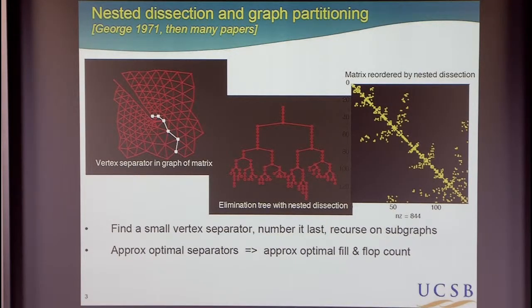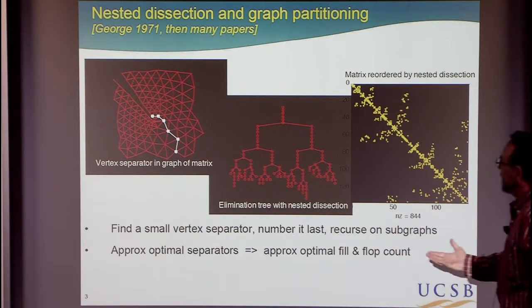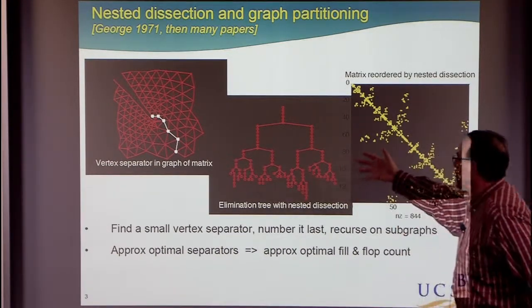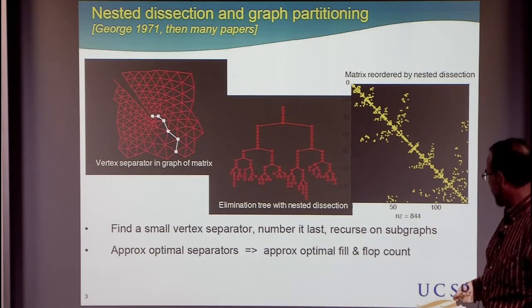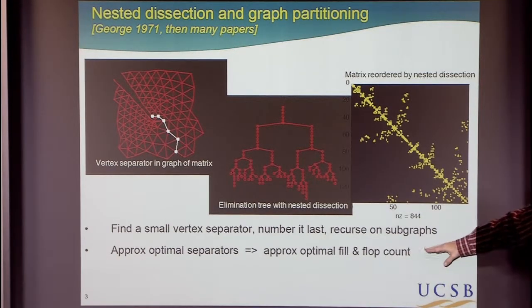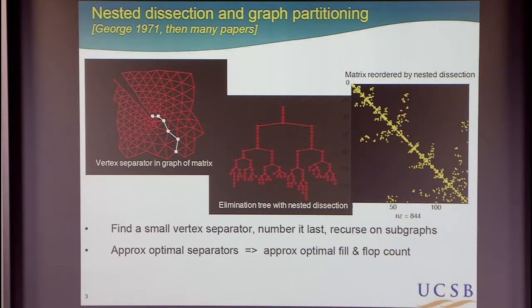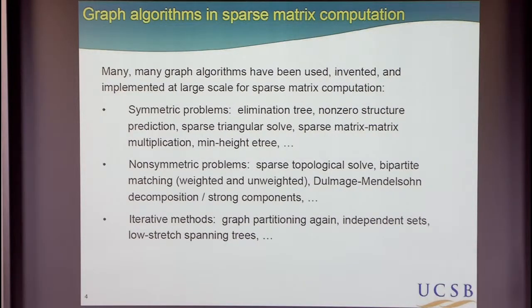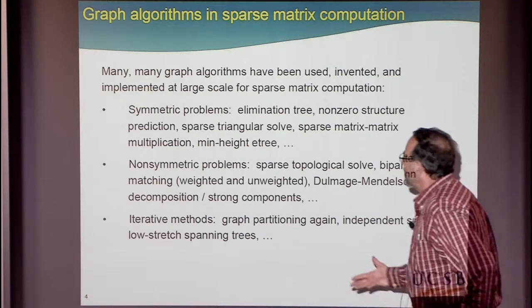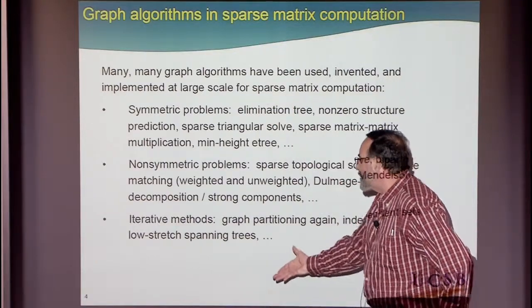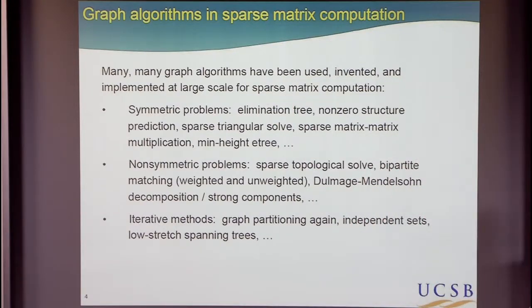That was 1971, and over the years since then, people built better and better separators, better and better nested dissection algorithms, and also did better and better theory to show stronger and stronger optimality results for it. Generally speaking, over the last 50 years, there have been a huge number of graph algorithms that have contributed to practical numerical linear algebra, to solving linear algebra on supercomputers.